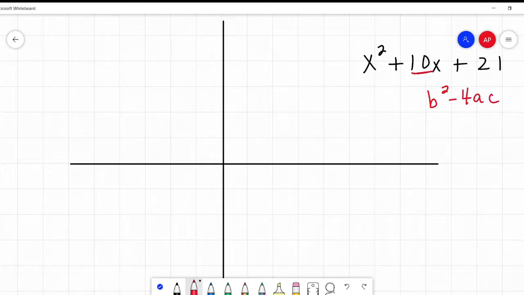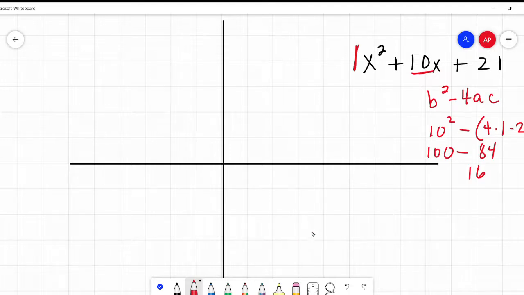My b is 10, so 10 squared minus 4 times, my a is 1. That's an invisible 1, but it is there. 4 times 1 times 21. So 100 minus 84, 16. Hey, that's positive. So it should have 2 solutions.